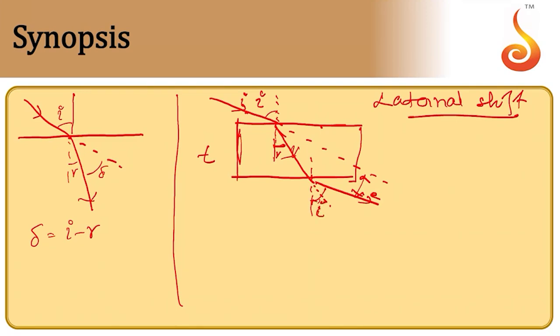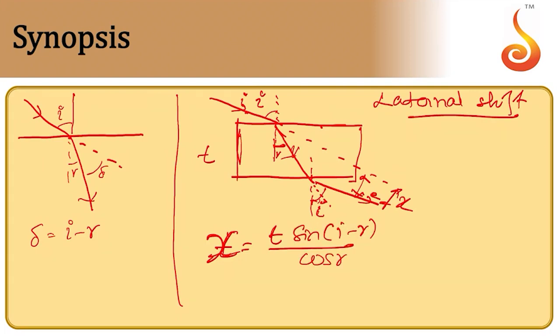Thus, if I consider the lateral shift as some x, then the lateral shift x is given by t into sin of (i minus r) divided by cos r, where t is the thickness of the slab. Remember, the emergent ray will not be parallel to the incident ray if the medium on both the sides are different. The requirement is that this medium and this medium should be same. They should have the same refractive index.